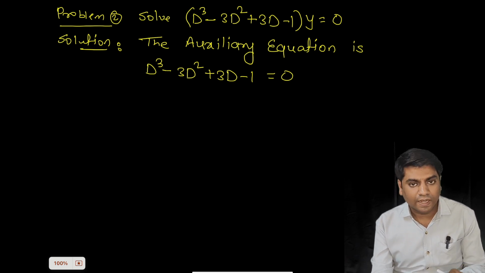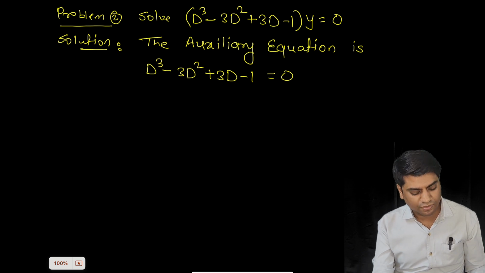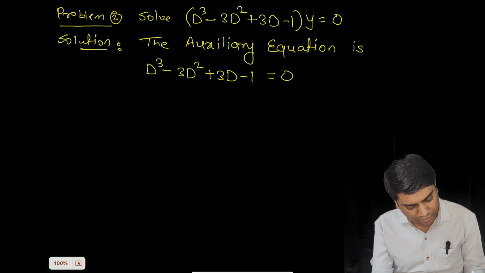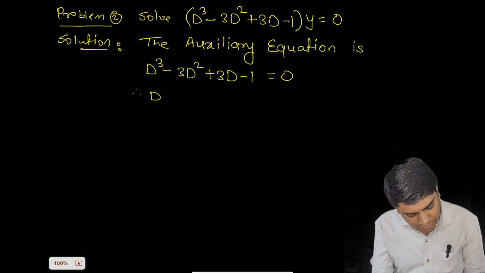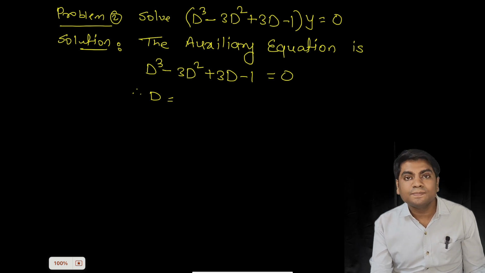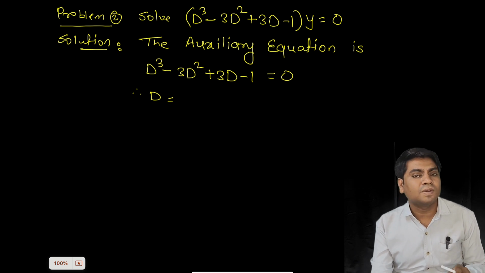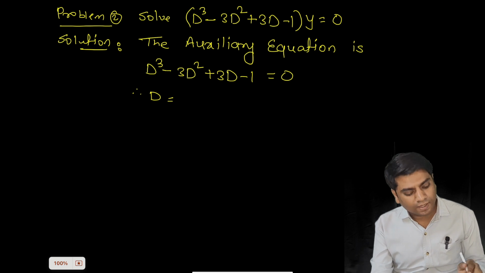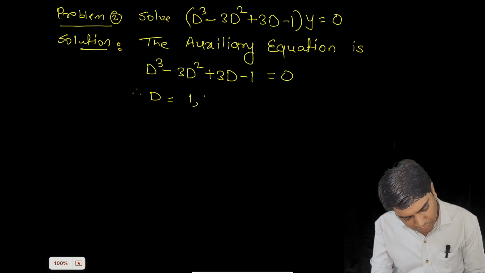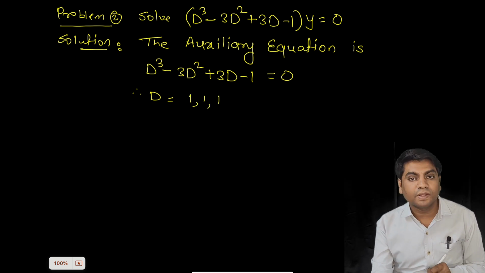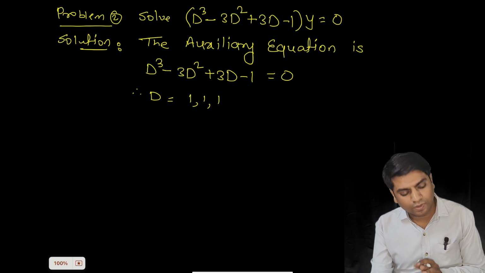Okay, as we know we can use a calculator in the examination, so I can write the direct root here. Therefore D is equal to, since it is a polynomial of order 3, we have 3 roots here, and by solving using a calculator or any manual method, we get the value of D as 1, 1, 1. Okay, so 3 roots and all roots are repeated, that is 1, 1, 1.